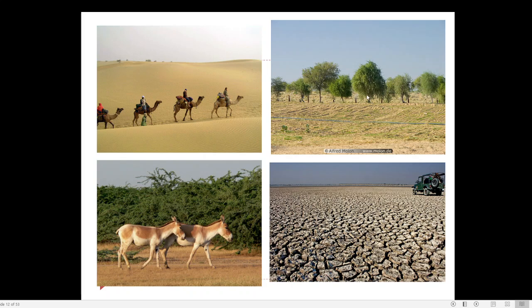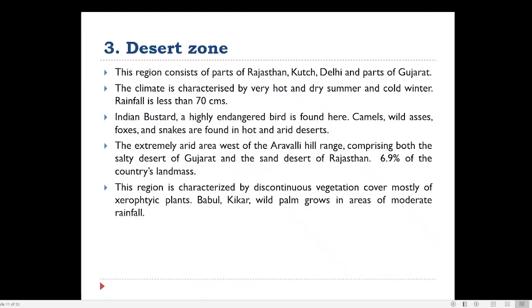And these are the types of trees which are present in the desert area. Coming to the geographic area, it is 6.9% of the total landmass that is occupied by the desert zone.